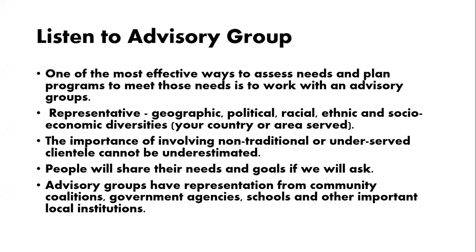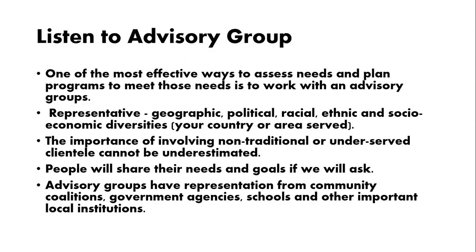So first, we have to listen to the advisory groups. These are the people who have worked a lot in those kinds of areas, especially remote areas. They have that information, and they are representatives in those areas, maybe geographically, maybe politically, maybe racially. Racial means you go to the temple and we go to the church, or whatever the area.